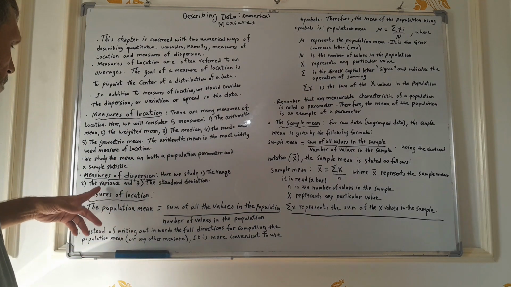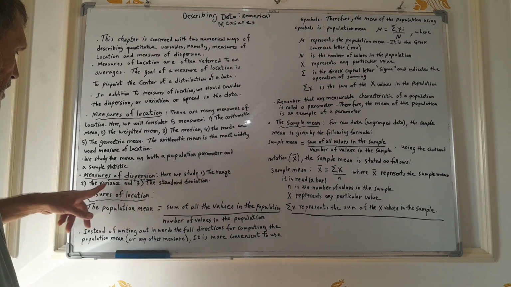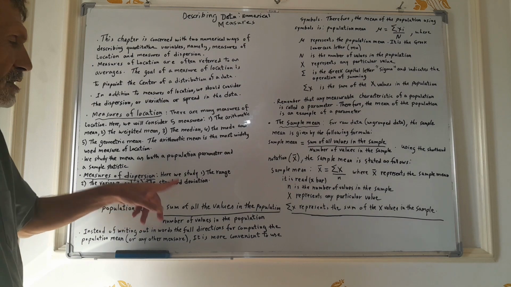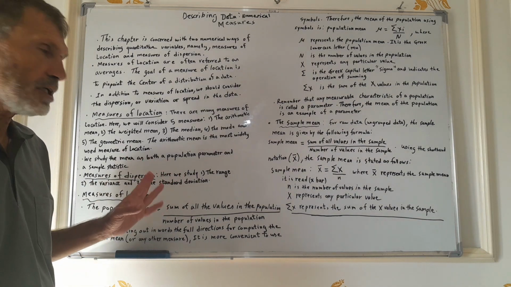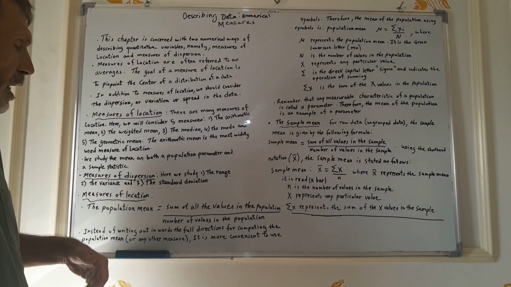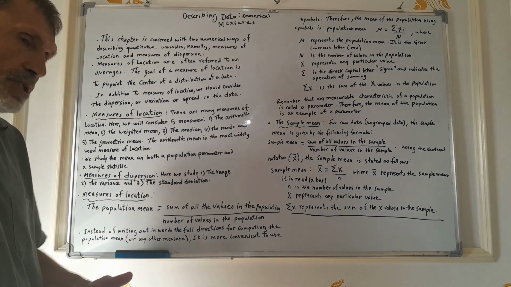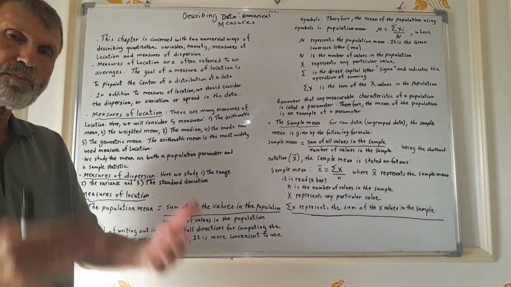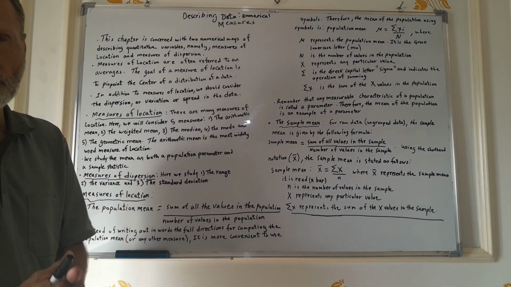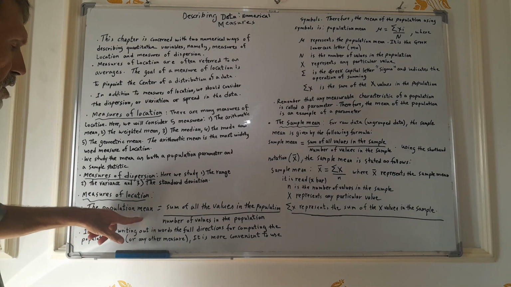Now, for measures of dispersion, we study the range, the variance, and the standard deviation. These are measures of dispersion, sometimes called the spread or variation. Same thing.